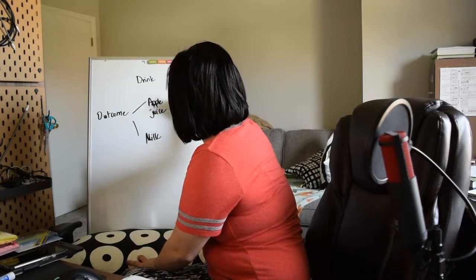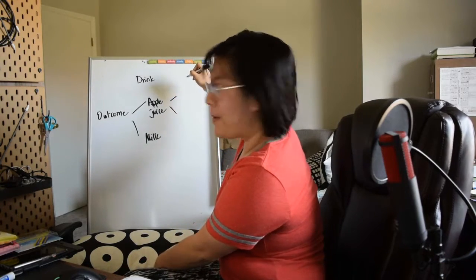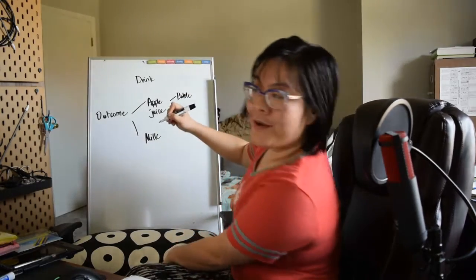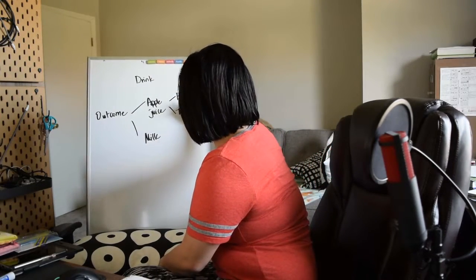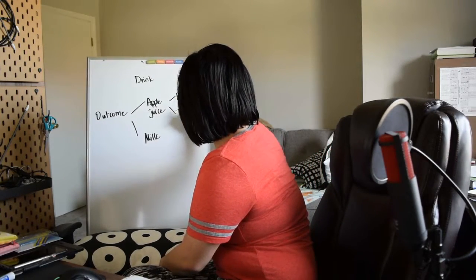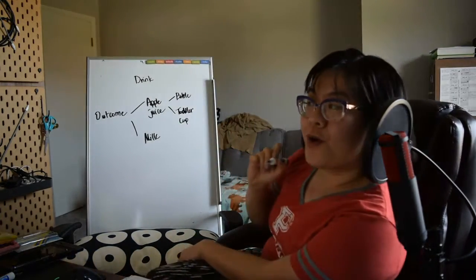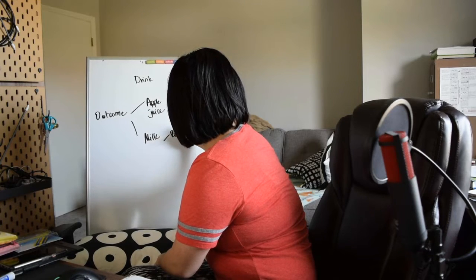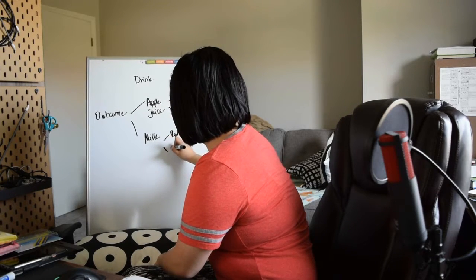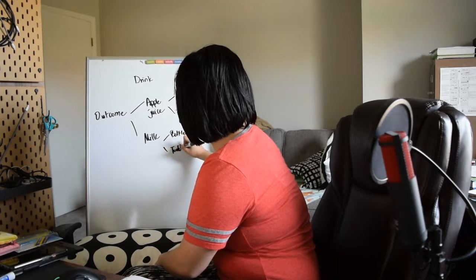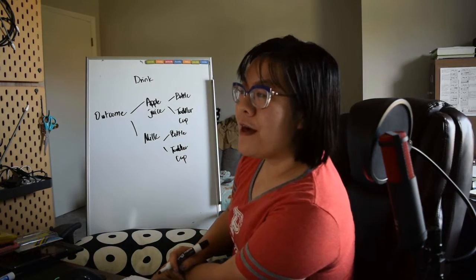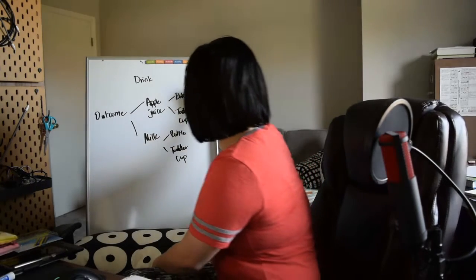So for apple juice, we can use a bottle. We can use a toddler cup. And for milk, it's the same thing: bottle and toddler cup. For each of them, we have one possible outcome.